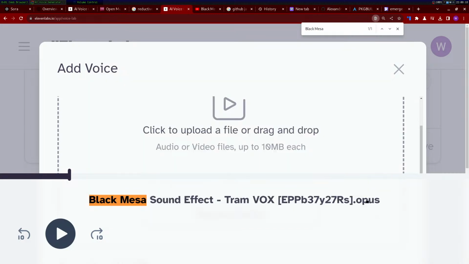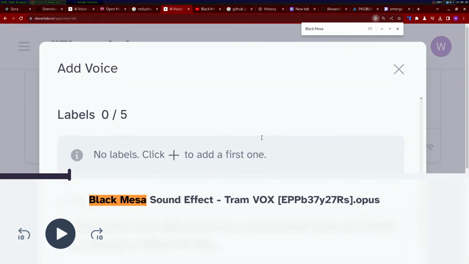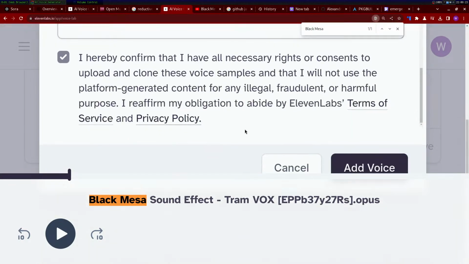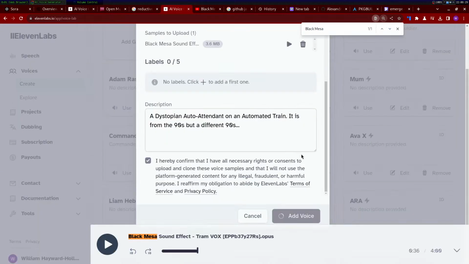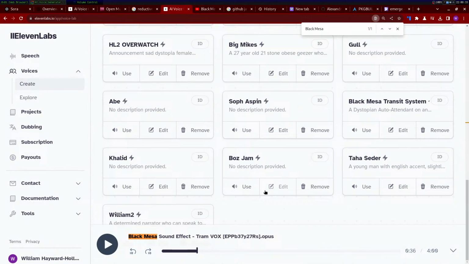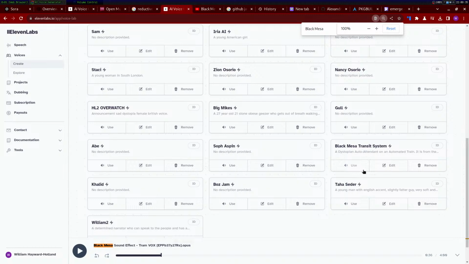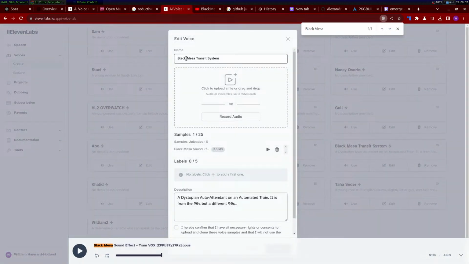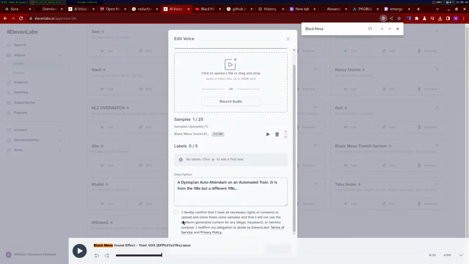I was wondering where that went for a second. Let's just get rid of all the spaces, because I think that's going to cause us some trouble down the line.